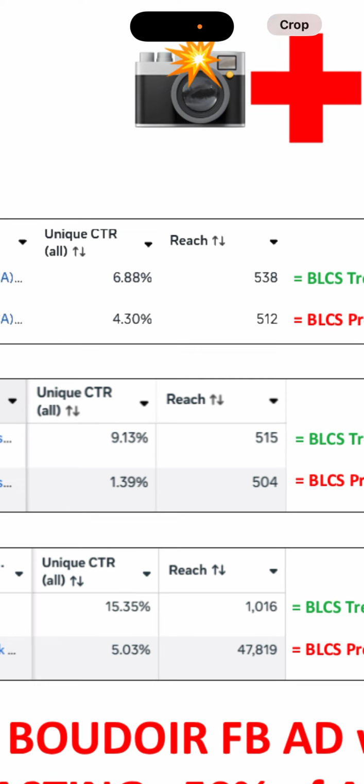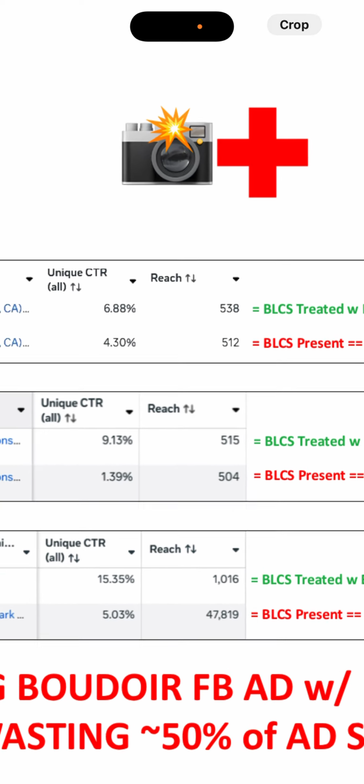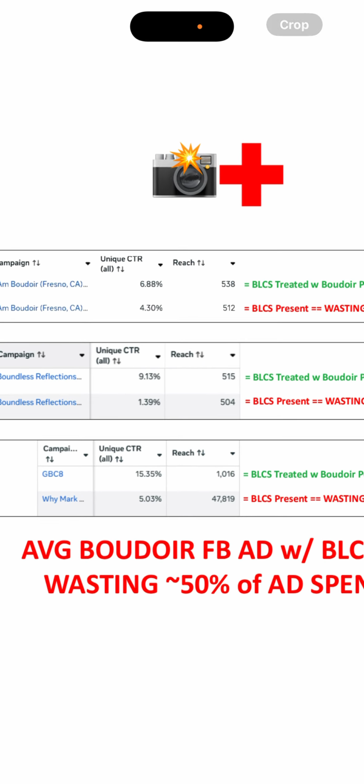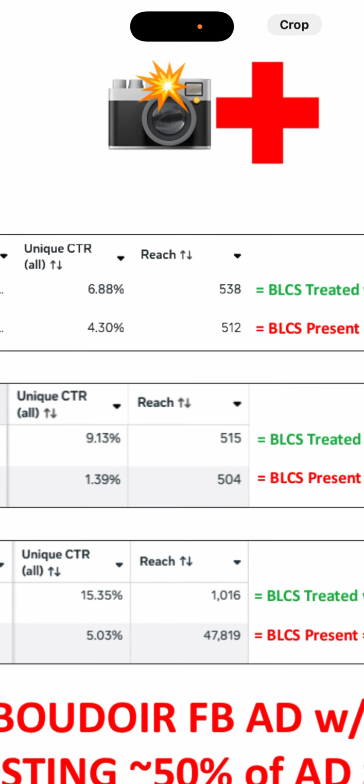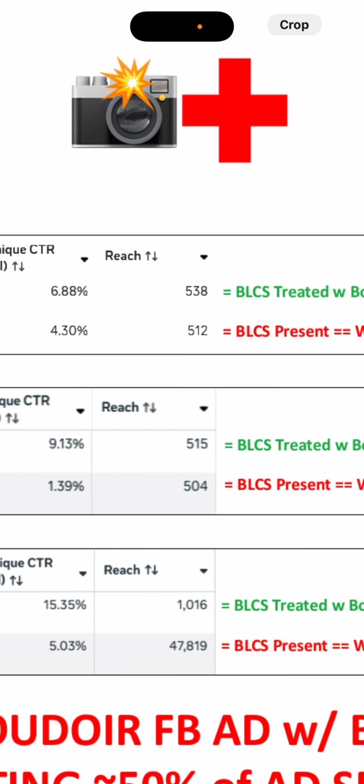So first part of my residency, went out there, found some Boudoir Facebook ads that I saw running. Brought the first one back to the hospital, tested it. So its unique CTR was 4.3%. So that means this Boudoir Facebook ad is getting into 4.3 out of every 100 women's brains. So that's under 6%. We know that BLCS is present, aka Boudoir low click syndrome.